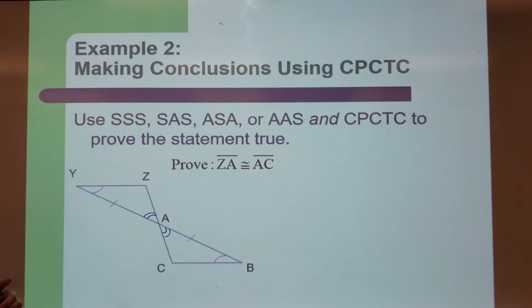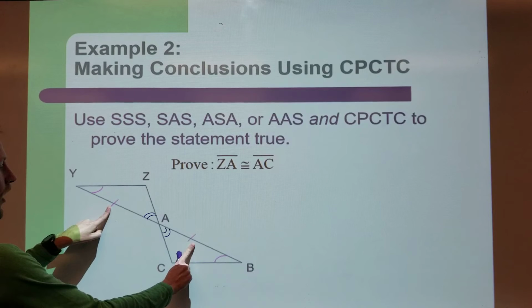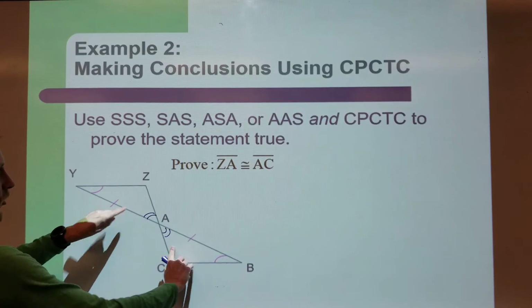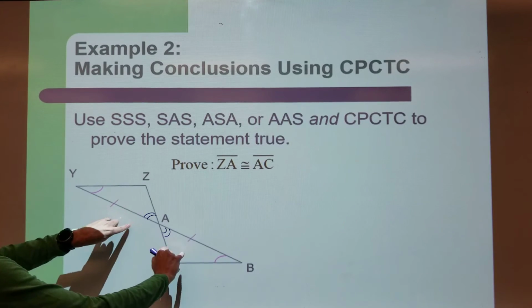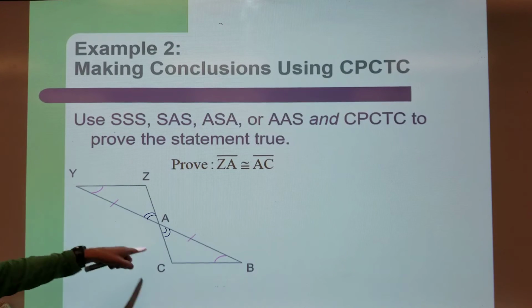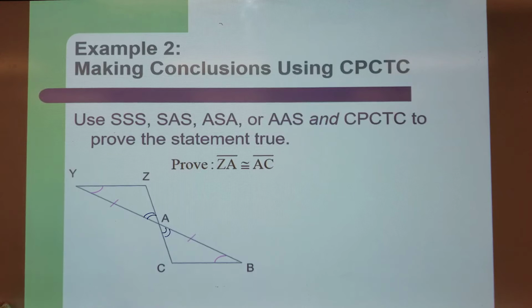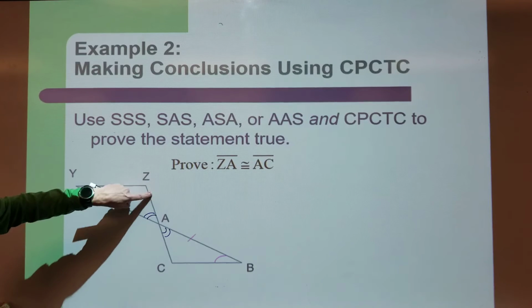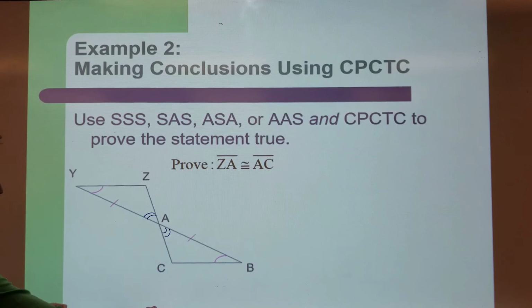And therefore these triangles are congruent using angle, side, angle: 2 pairs of angles and the side that's included between those pairs. Once these triangles YAZ and BAC are congruent, then we can say that segment ZA and segment AC are congruent by CPCTC. All right?